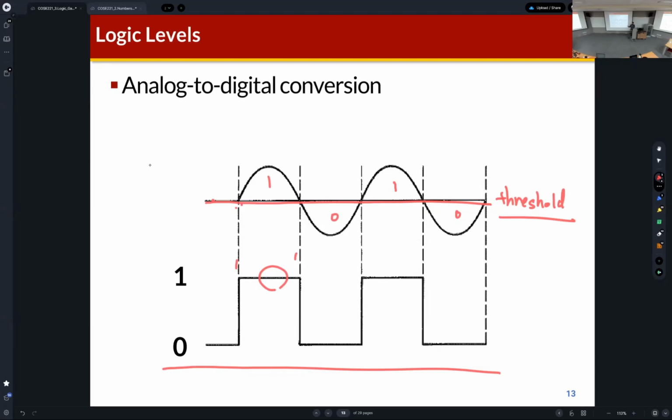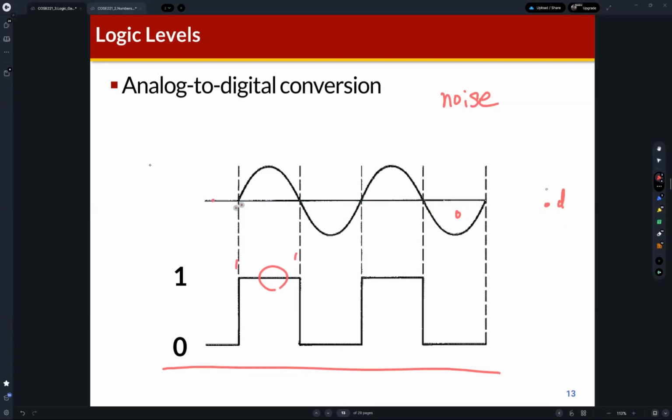It's simple, but there is a critical problem in this concept. Why? Because of noise. This figure shows a very clean analog signal without noise.